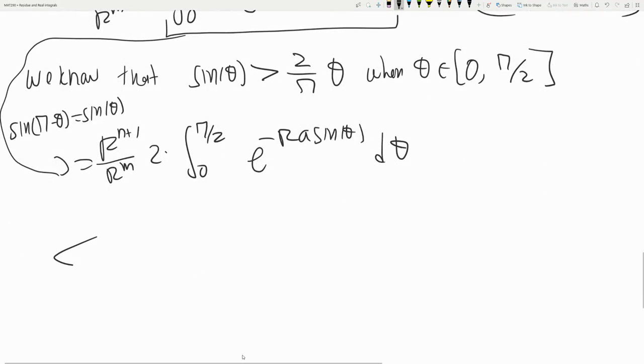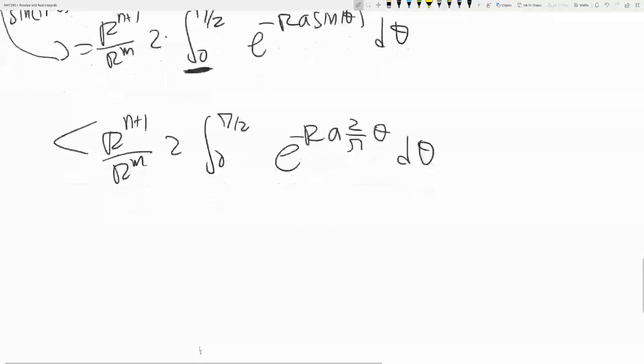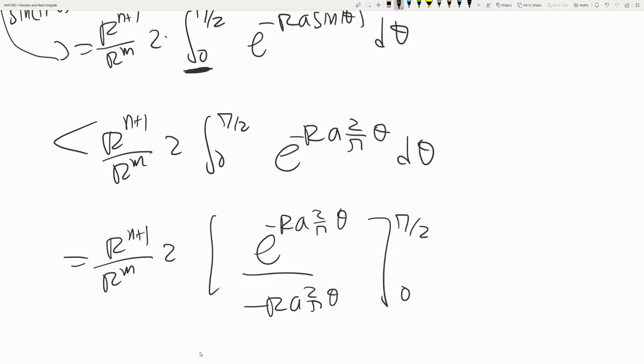Now let's use the bound, since we are in the right domain, and we get minus R A 2 over pi theta. Now this is easy, we can find its antiderivative. So R to the n plus 1 over R to the m, and then we divide by minus R A 2 over pi, from 0 to pi over 2.